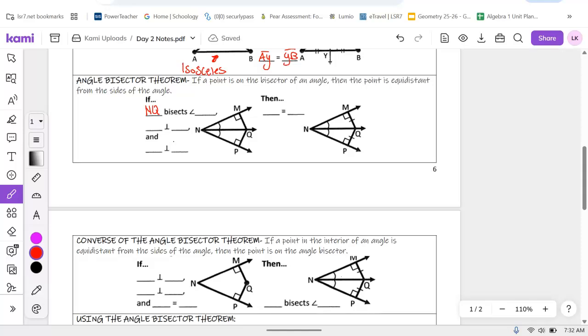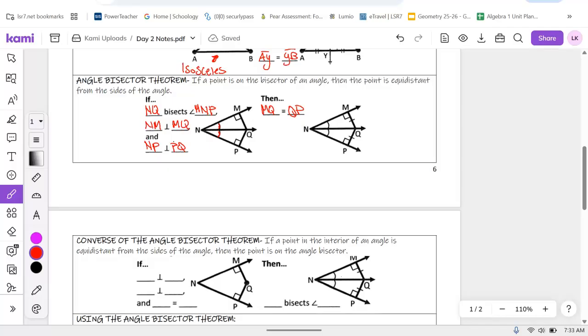So if NQ bisects angle MNP, and NM is perpendicular to NQ. Now we know it bisects because the angles are congruent here. We know that it's perpendicular because of the square. And then NP is perpendicular to PQ. Then we know that MQ has to equal QP.